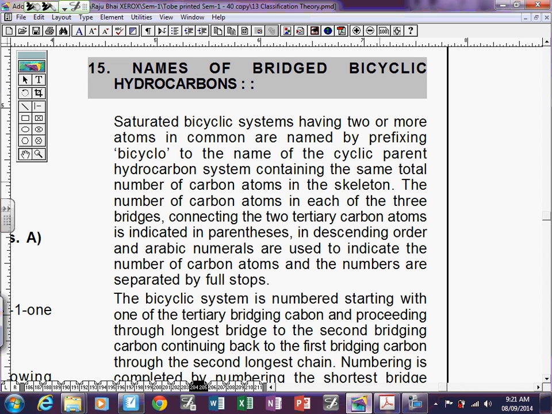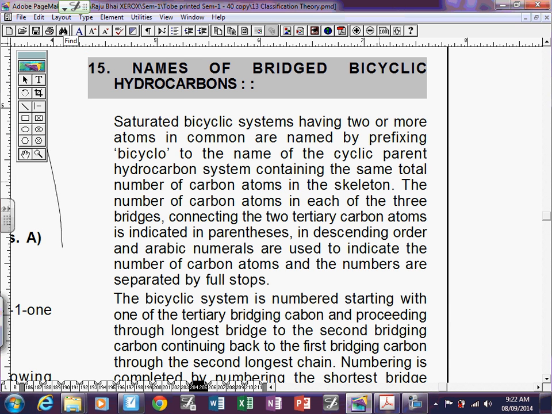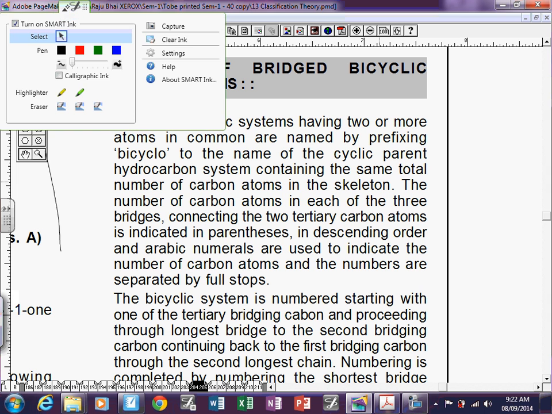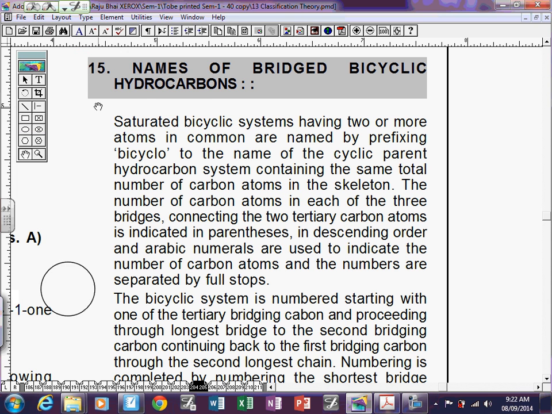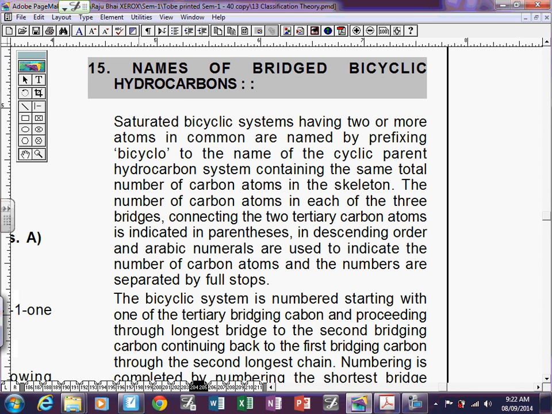But those were simple cycles. Right now, I'm teaching you something: bridged cyclic or bicyclic hydrocarbons. If you have something like this.